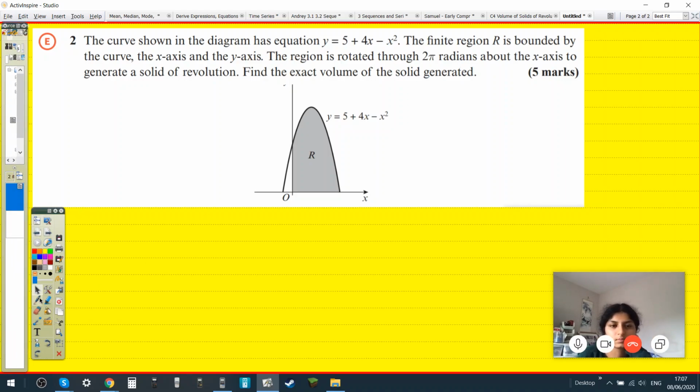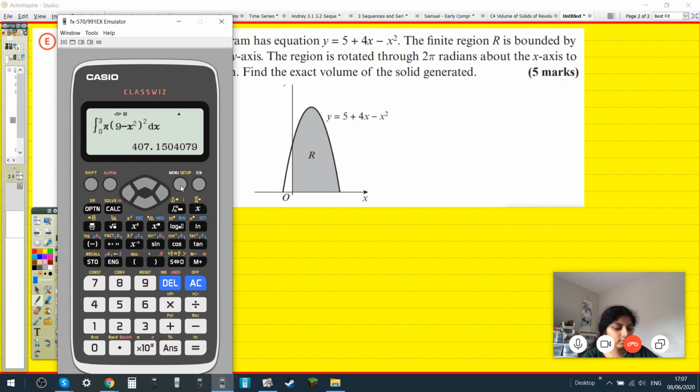So how about this one? It's just 5 plus 4x minus x squared between 0 and the root of that. And you know how to get the root of that? Yeah. Okay, 5, 0, and 5.